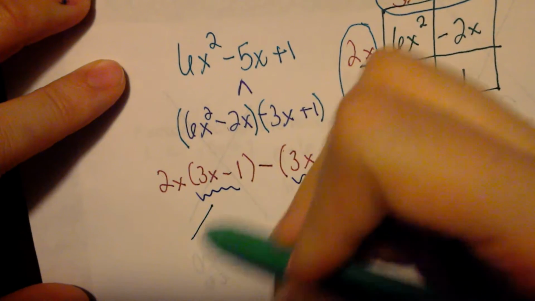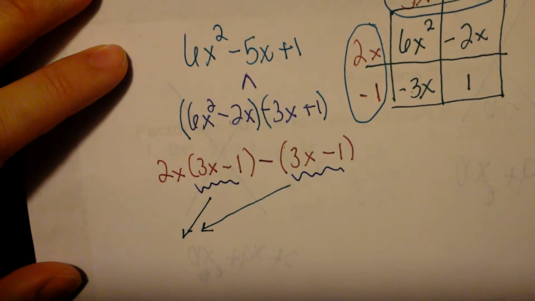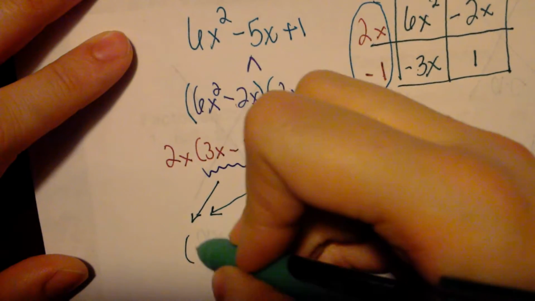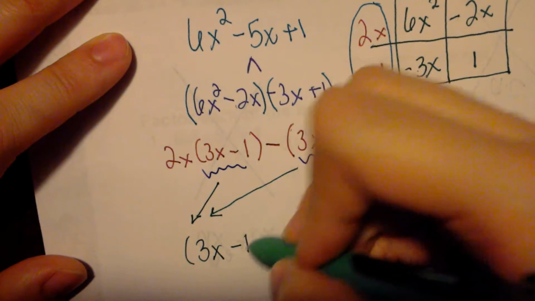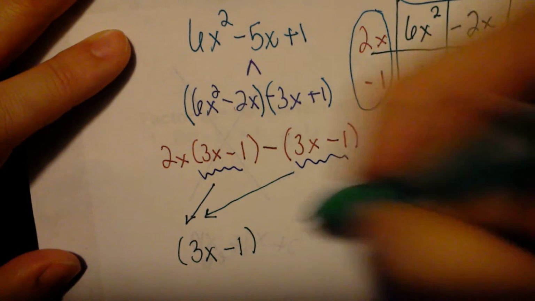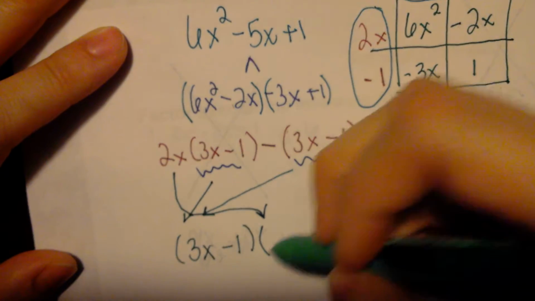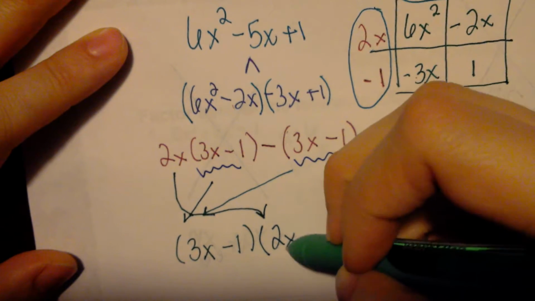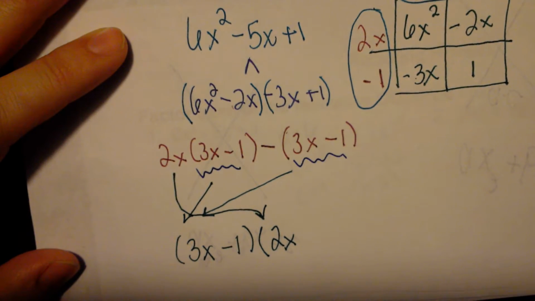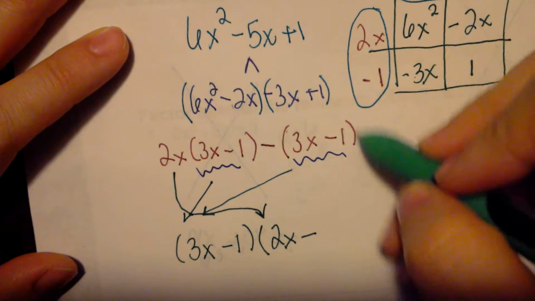So from here, I'm going to copy down the common term, 3x minus 1. And then 2x is going to come down into my next term. And I have a negative, but negative what?